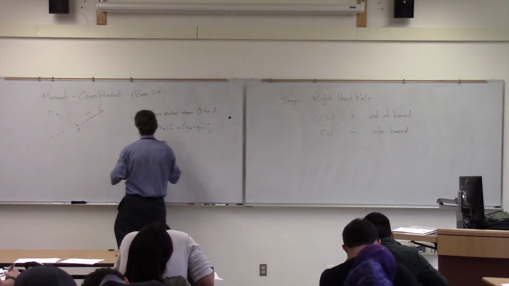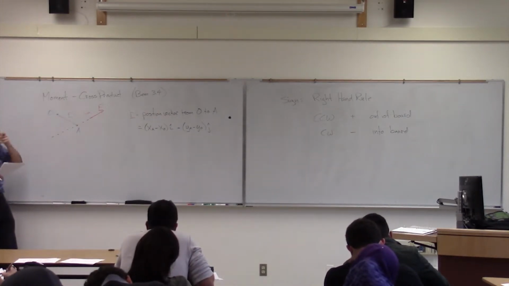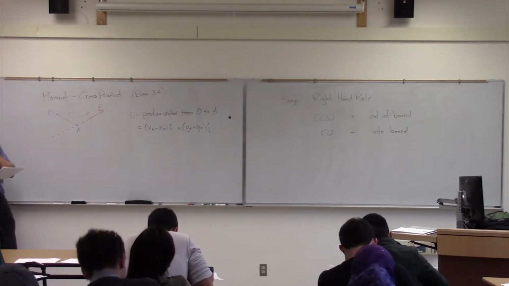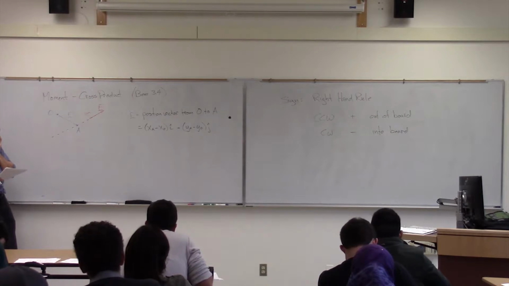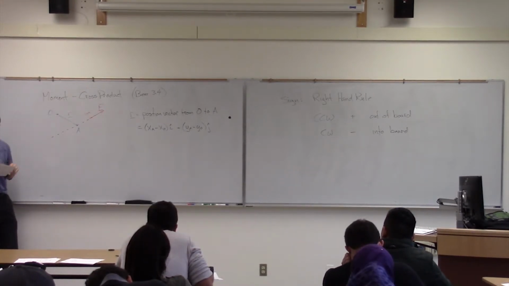We're going to be able to define it in terms of our Cartesian coordinates, like we just defined in terms of the two-point process, except we won't worry about the k direction. We can define the vector from O to A in terms of our i, j, and k.